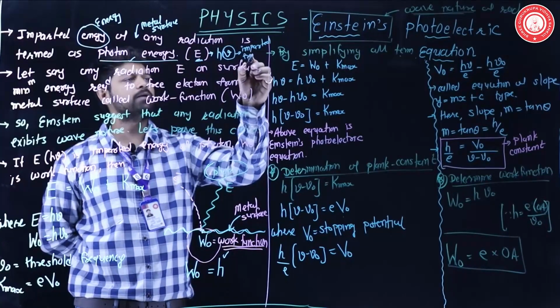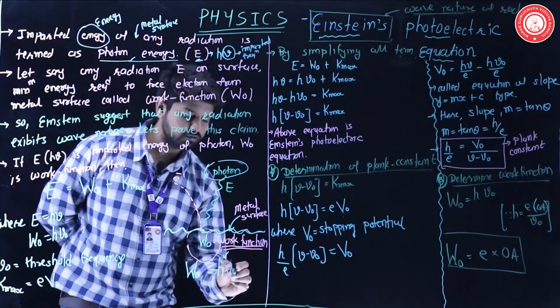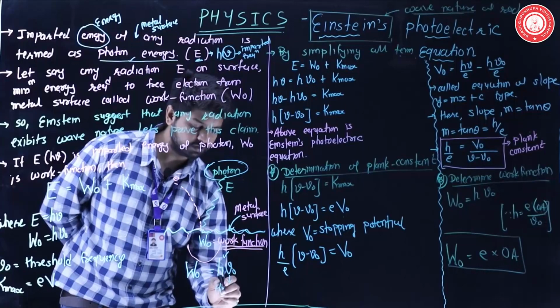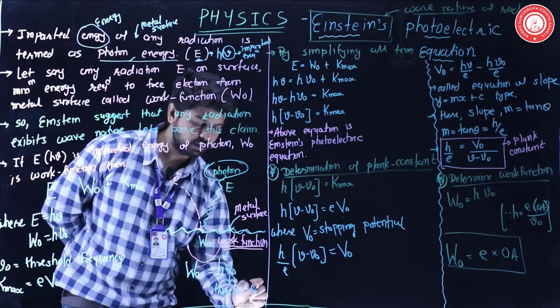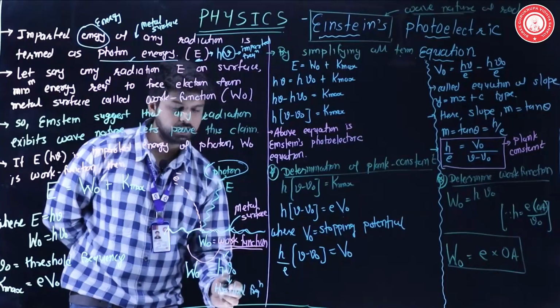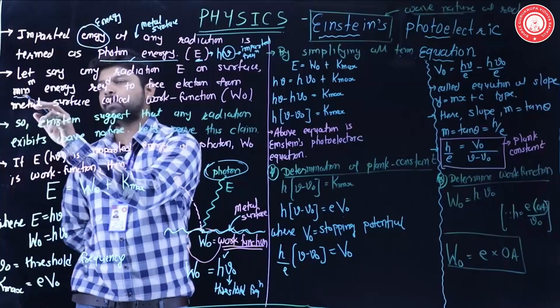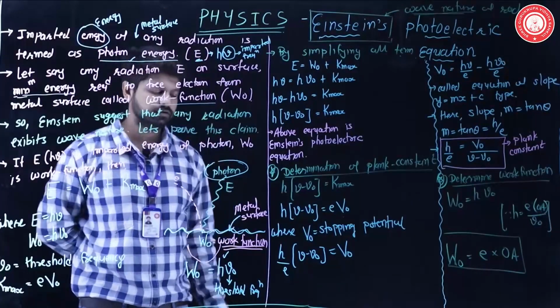But here we should use V0, which is my threshold frequency. As you know, threshold frequency. If I am writing over here minimum energy required, so-called work function.